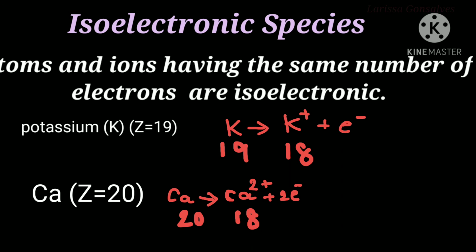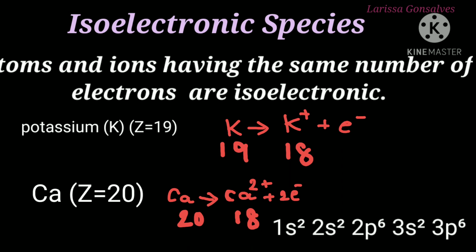So such species like argon and Ca2+, which contain 18 electrons, are isoelectronic with K+. So if you want to write the electronic configuration of all these species with 18 electrons, then it will be 1s2, 2s2, 2p6, 3s2 and 3p6. So this was all about the chapter structure of an atom.